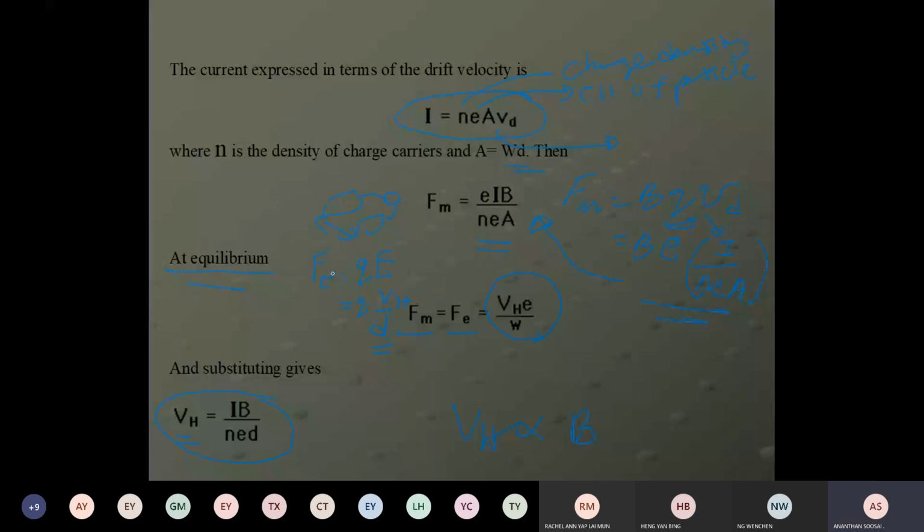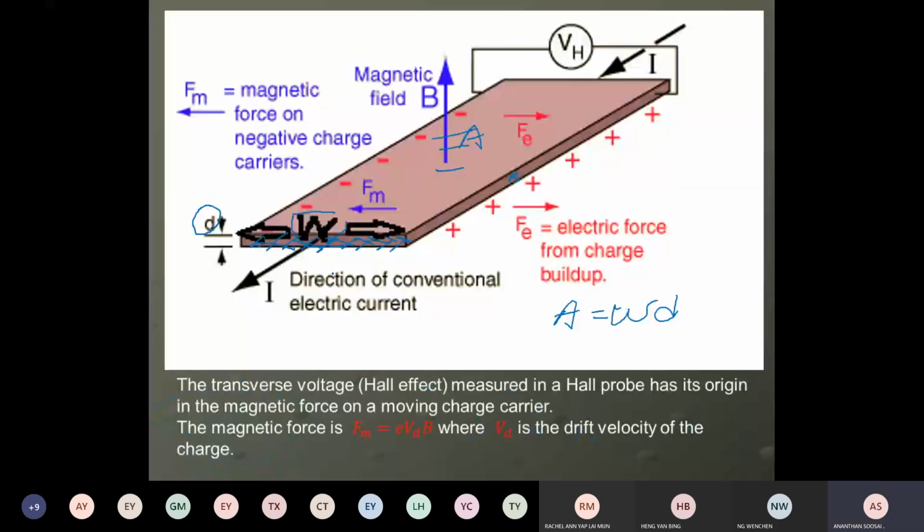Go back to the diagram. What is the plate separation here? Where is your electric field plate? Remember, the electric field plate is which one? This one, the side one. This is your electric field plate. Now, your electric field plate is actually like this. I hope you can imagine. The side one.